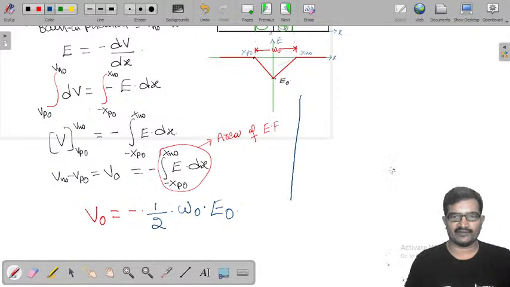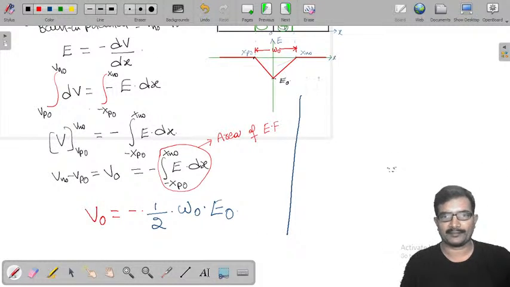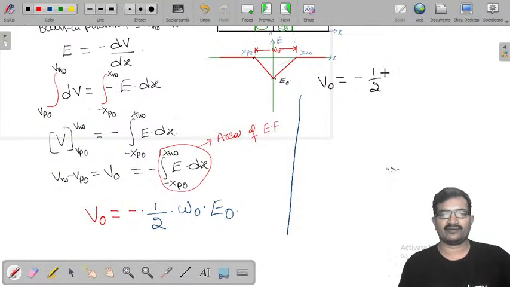Just substitute the values in that. Therefore V0 is minus half into E0 into W0. So we have an equation. Okay, keep W0 as usual.